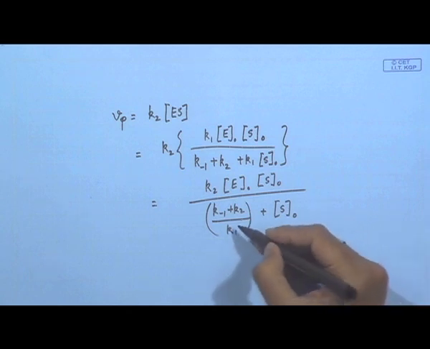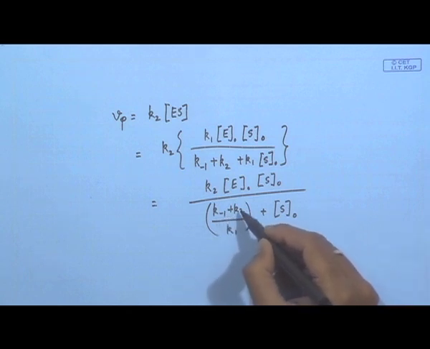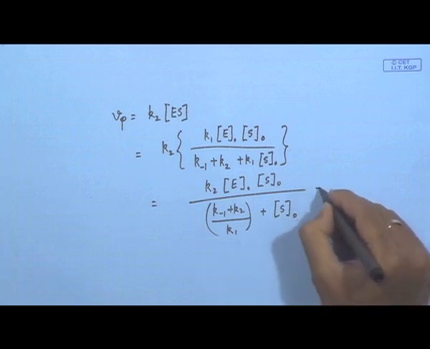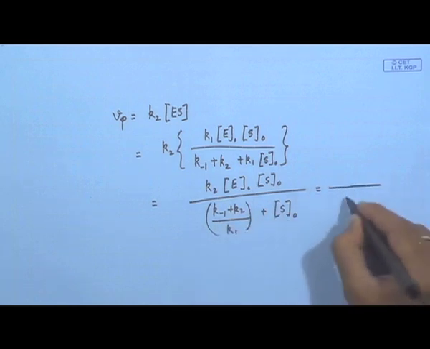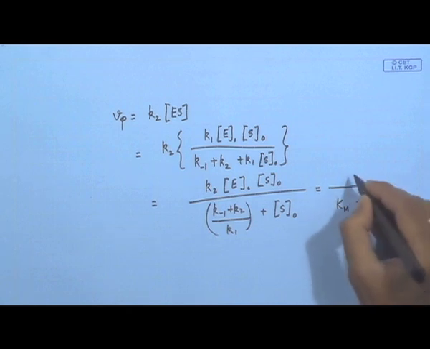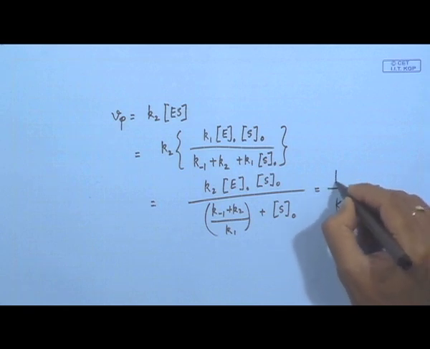So, this is basically a combination of 3 rate constant terms. This is for the forward, and these two are for the equilibrium state, that is the equilibrium steps of formation of ES and then dissociation of ES to E plus S. So, let us give this a new name, Km plus S0, where Km is called the Michaelis constant, Michaelis-Menten constant.